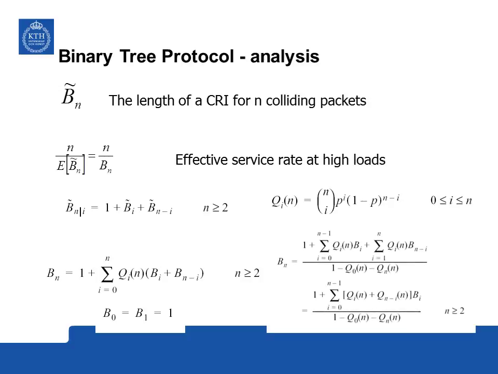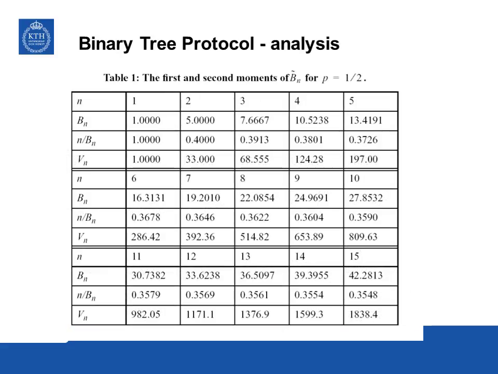And so we can do some computation and find the expected number of slots in a CRI in this recursive equation. And this recursive equation has to be solved numerically, and this is how we do it.